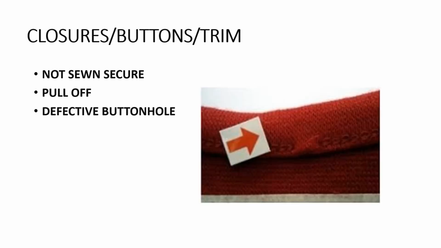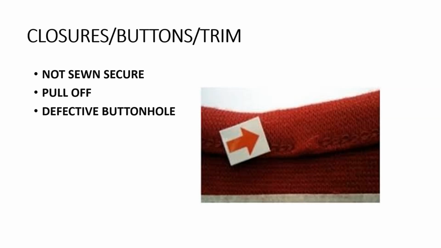Then pull off is also another important part. Defective buttonholes also play an important role in quality control, as shown in the figure. So closures, buttons and trims, if you want to really inspect from the quality assurance point of view, we have to see the security, how it is maintained there, whether it is sewn correctly or not, whether there is a pull off, whether the buttonhole is correct or not.